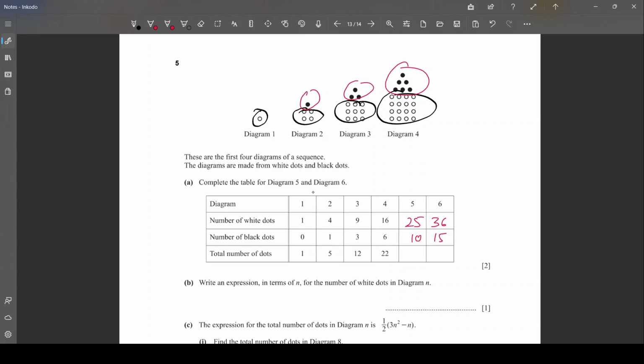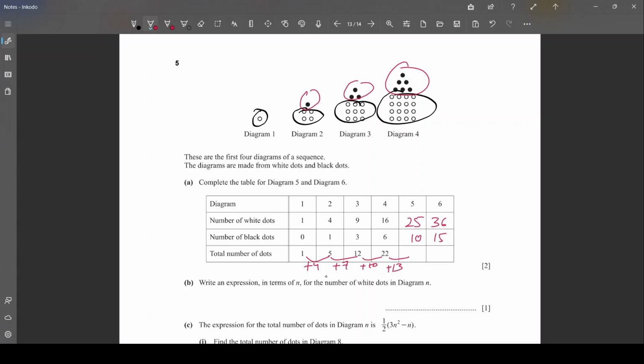Then going to the next question, the total number of dots. We have two connections. Either we can do it like this, plus 4, then plus 7, 5 plus 7 is 12, and this is plus 10. You can see that 4, 5, 6, 7, 8, 9, 10, 11, 12, 13, right?